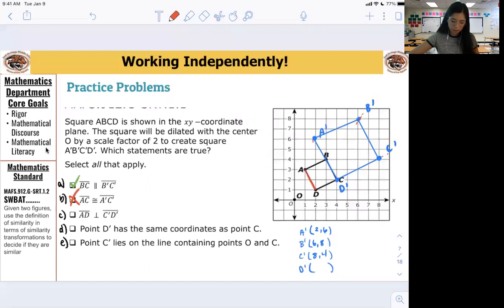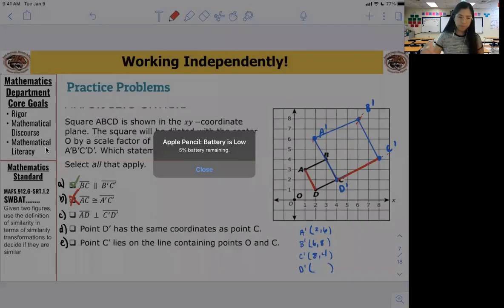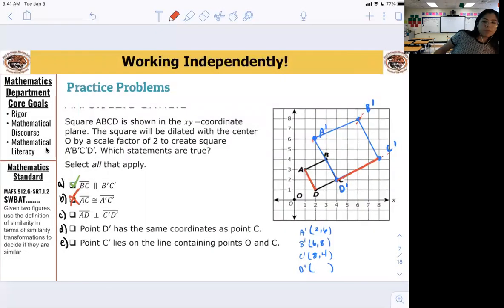C, AD, so let me connect that. AD is perpendicular to CD'. Perpendicular. Uh-oh. True or false? This one's a little bit trickier.